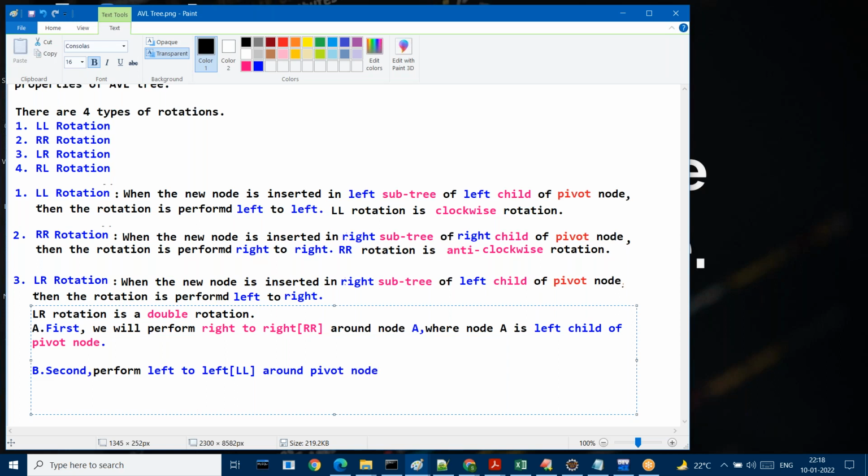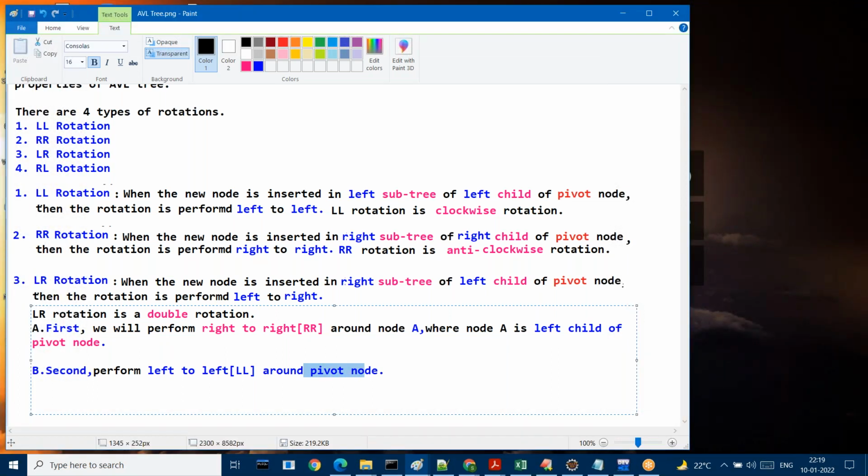Oh, that's not difficult. The second one is not difficult. Around pivot node is my favorite because every time I'm doing it. So that means in one word, what can we say? LR is equal to what, guys? RR plus LL. LL will be with respect to pivot. RR will be with respect to the pivot's left child.